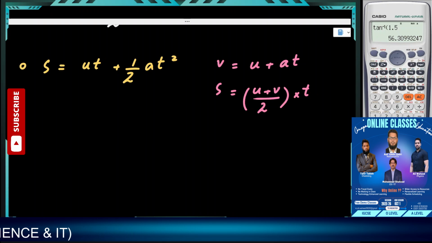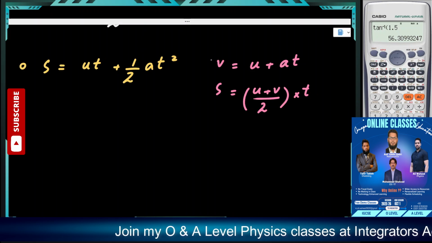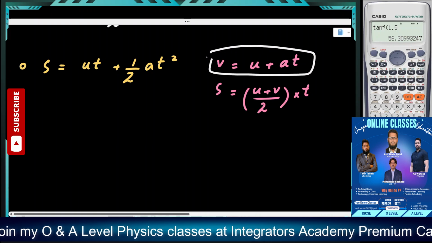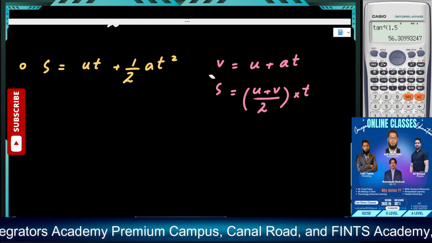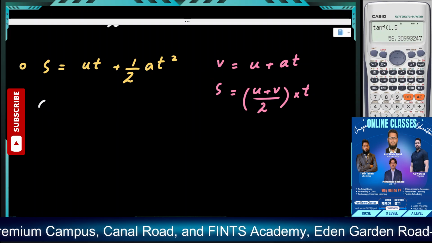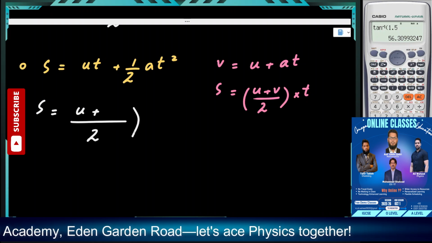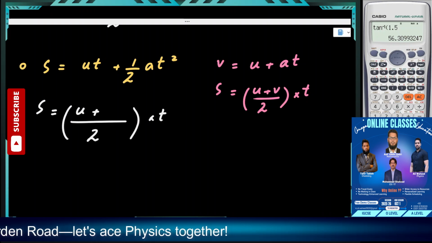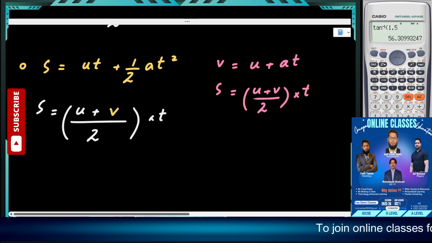So what I'm going to do is insert the value of v from here all the way in this equation over here. So I'll write the second one first: s equals (u plus v) over 2, times t.